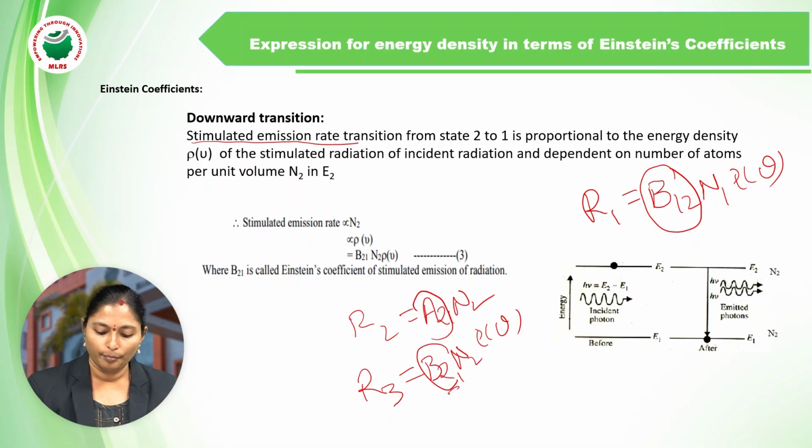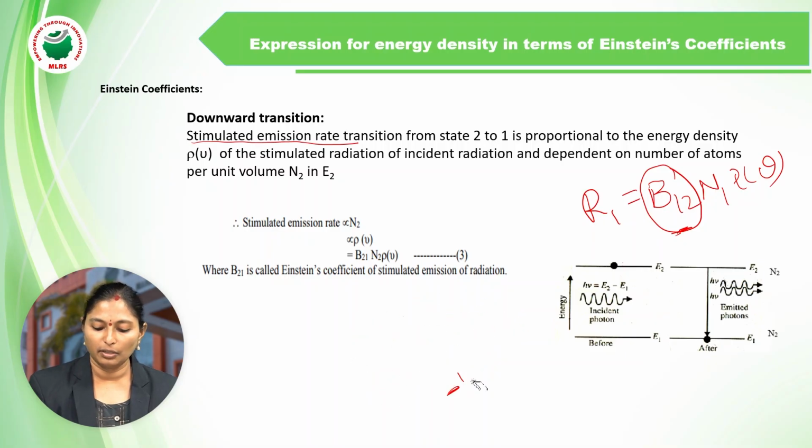And here B21 and B12 are the stimulated processes. One is absorption, that's why 1, 2, another one is the emission, that is 2, 1. Whereas here is A. So that's why these Einstein coefficients are also called the relation between A and B. So up to now, we just wrote the relations for the rates of these 3 quantum processes.